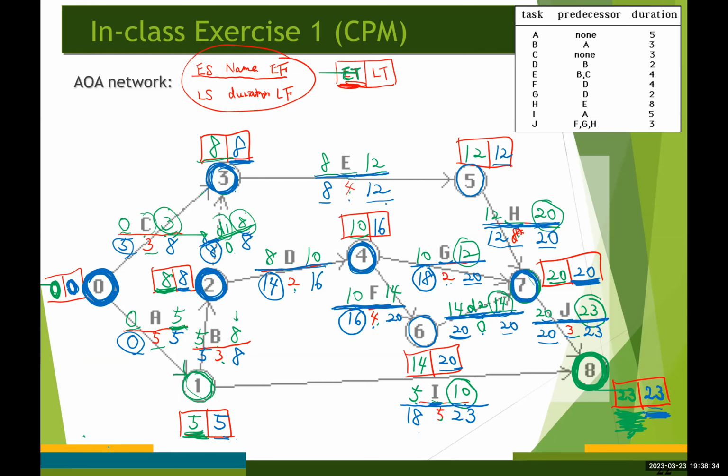So if you remember, any activity with a total float of zero becomes a critical activity, right? So I'm gonna change the color. I'm gonna use, okay, purple color.